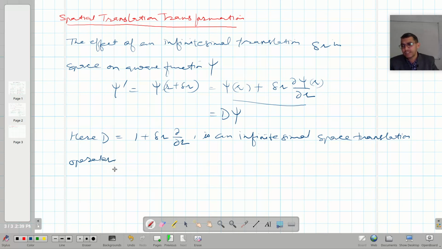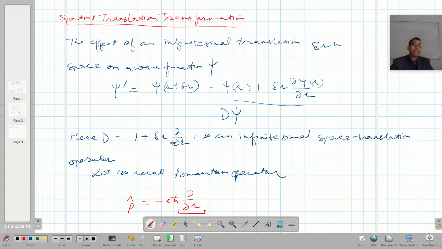And let us recall the momentum operator. If we look at the momentum operator, it can be written like this: P is equal to minus i h cross times the derivative with respect to r. So that means this derivative with respect to r is sitting with the momentum operator.